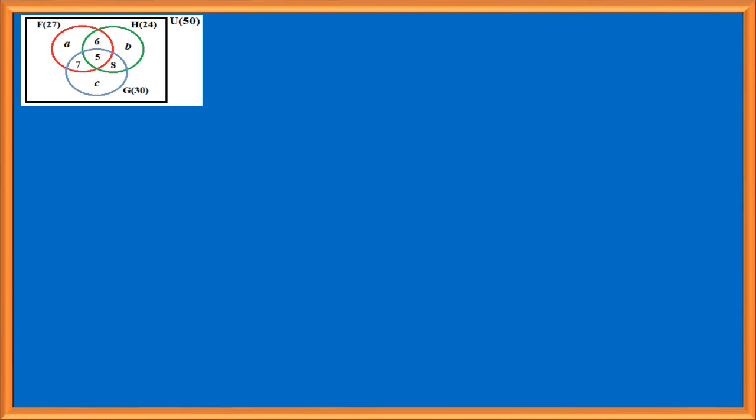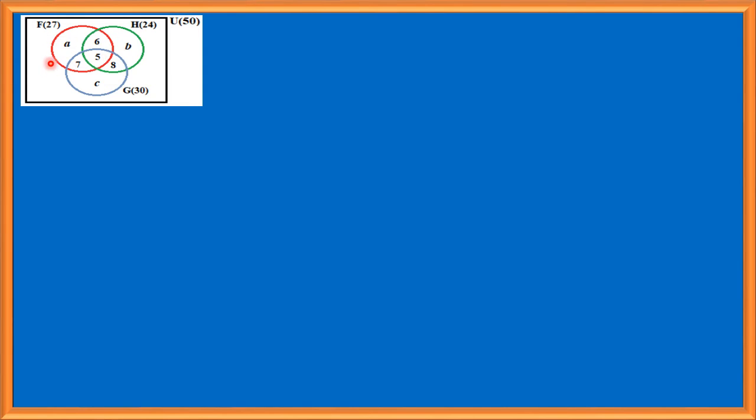To represent the information on a Venn diagram, we have this, where we have 6, 5, 8, and 7 in the intersections here. What we don't have is F only, H only, and G only. And in this case, we can find the values of A, B, C by adding all the elements in each particular circle, which should be equal to the total.